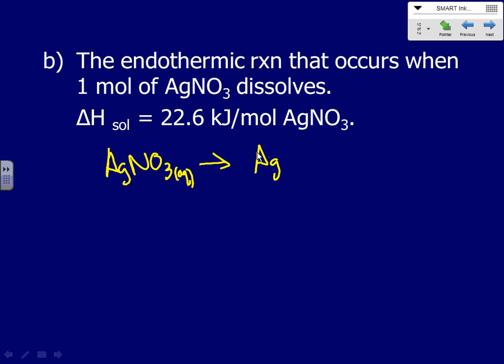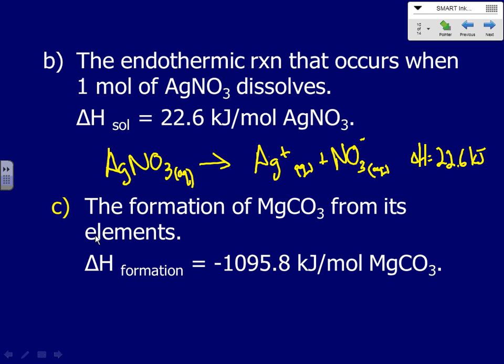That's going to get us Ag plus aqueous plus NO3 minus aqueous. And I've got a 1 here. That's per 1 mole. Delta H equals 2.6 kilojoules per 1 mole. And because I've got a 1 there, I've got it written with a delta H term. It's really very simple. We're just writing it in a different way.